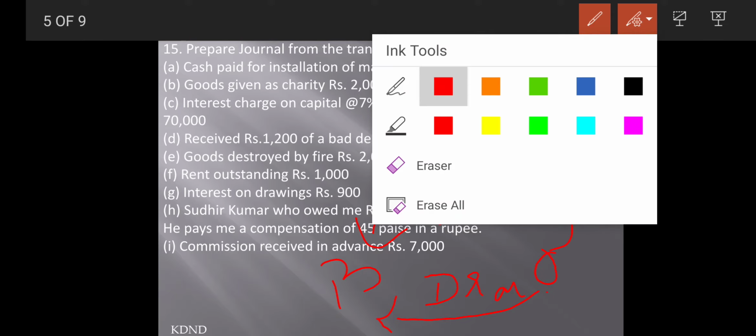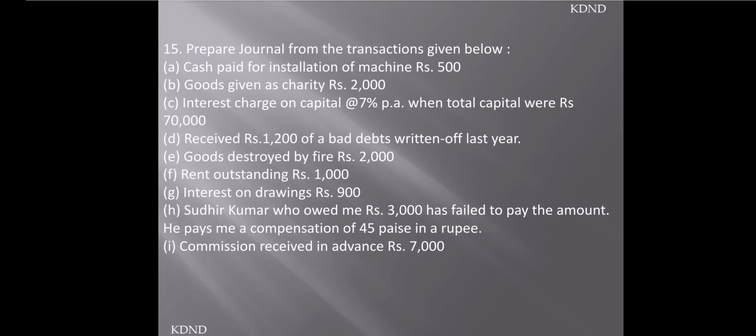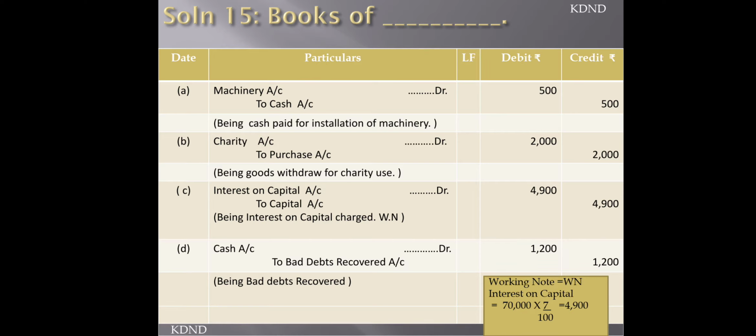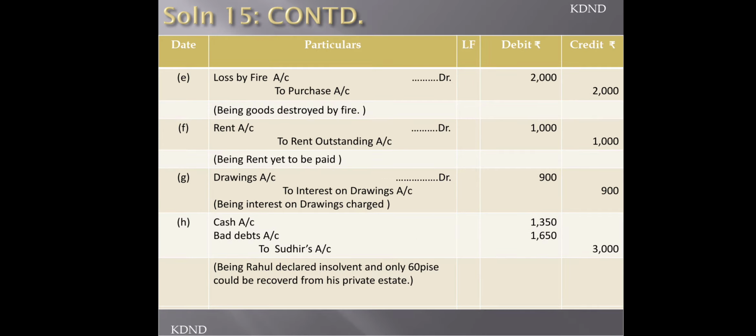So from the point of view of business, interest on drawings is income. Income is always credit. So your journal entry will be: drawings account debit to interest on drawings, being interest on drawings charged.